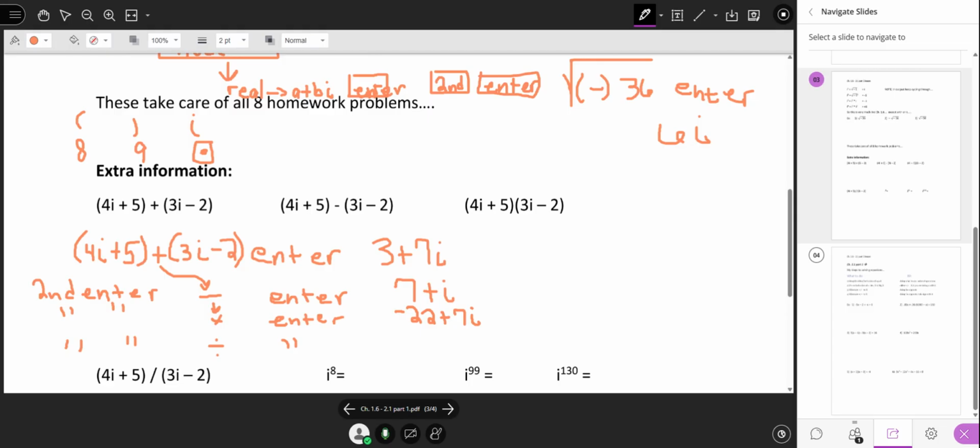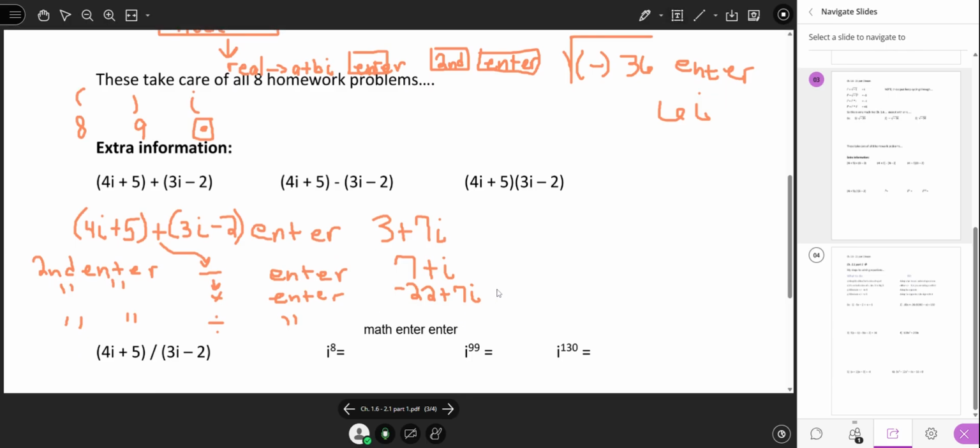So I want you to do, and I'm going to type it out because it's involved and it's too much to handwrite. But do math, enter. So I want you to turn it into a fraction.